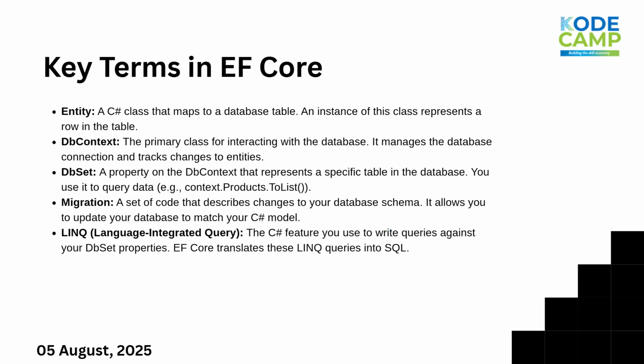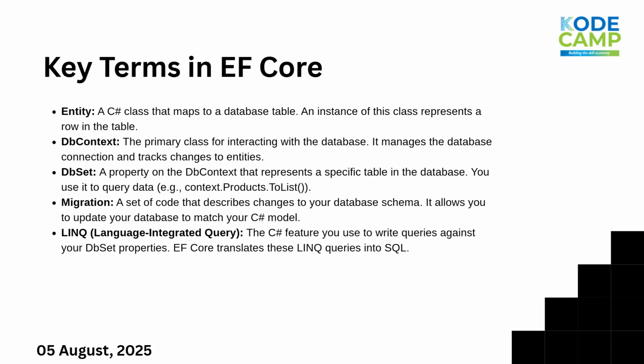And each object or instance of that class maps to a single row in that table. All this you will see when we do it in the code.